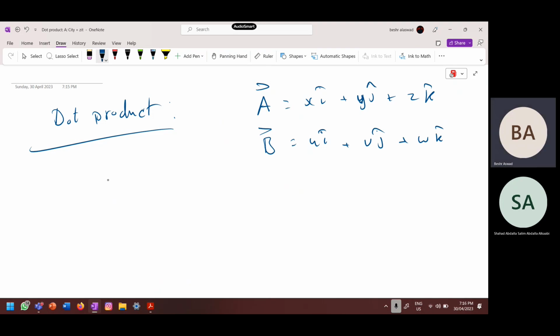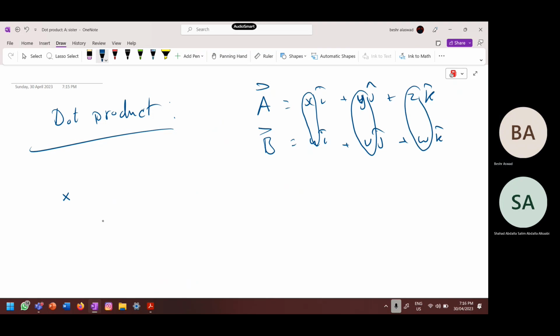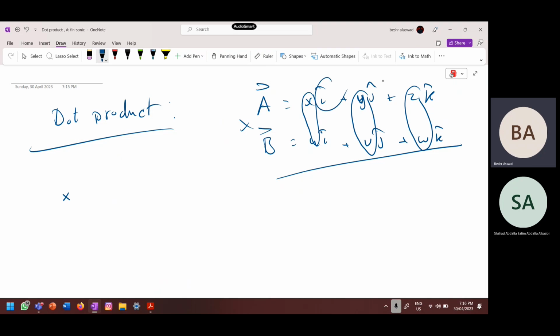To find the dot product, you need to do multiplication of just the values here. Okay, just simple multiplication. The result here will be a scalar value, not a vector. Remember the vector that has the components i, j, and k.